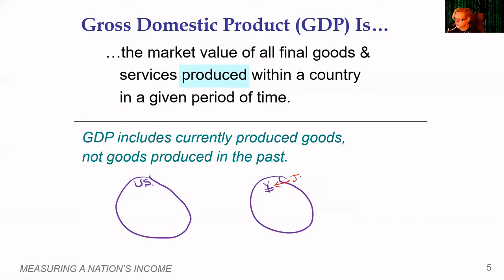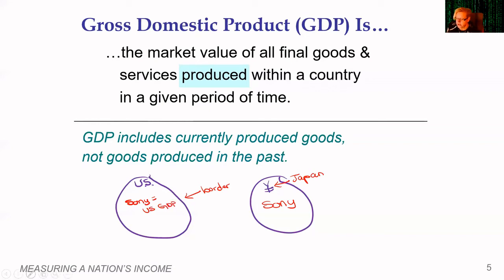Sony is a company that is headquartered in Japan. But Sony has retailers, and also has manufacturers, here in the US. So anything that is produced within this border of the US is going to be part of US GDP.